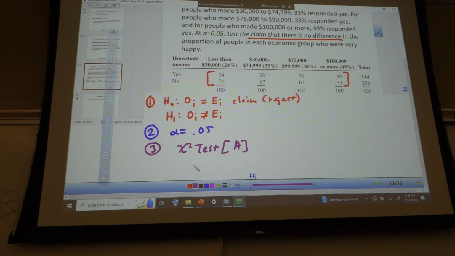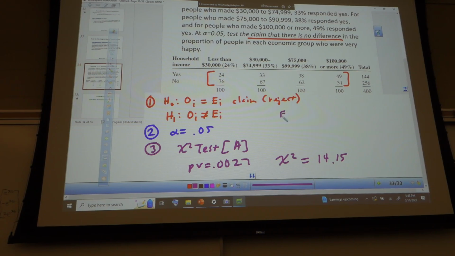I got 0.0027. And your chi-squared? It was 14.15. Okay, great. Now, also part of step 3, you need to give me your first and last expected values. If you don't give me your first and last expected values, you'll lose a few points on that. So, what's your first and last expected value?